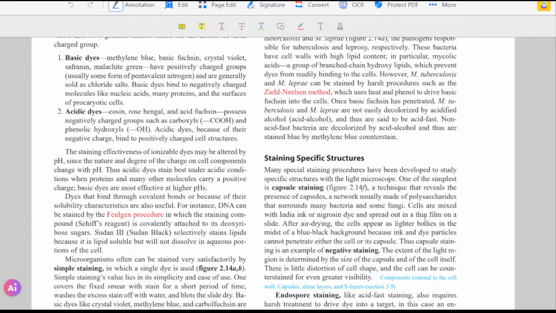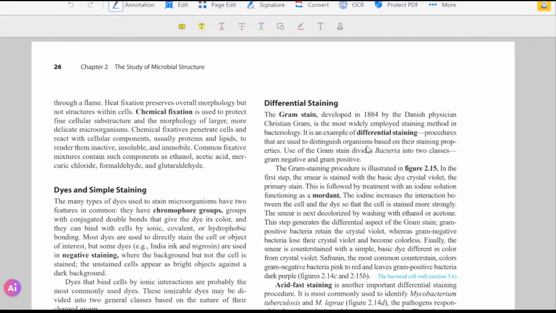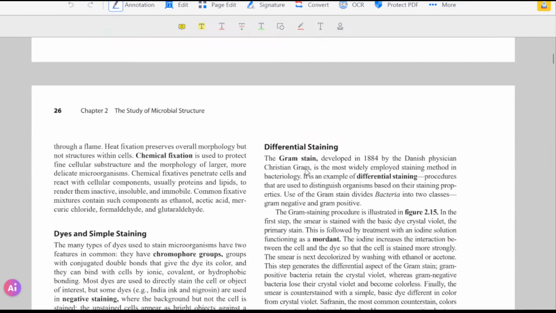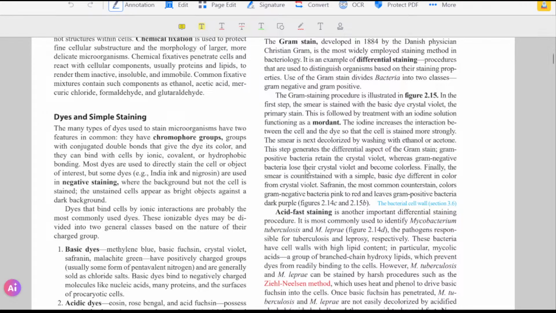This is the most interesting, well, important aspect of microbiology: the staining techniques, right? Without staining we can't do microscopy well. We need to stain. Staining comes first. The microscope may be as advanced as you want, but if you don't do staining properly, you can't differentiate between microorganisms, and microorganisms are so picky.